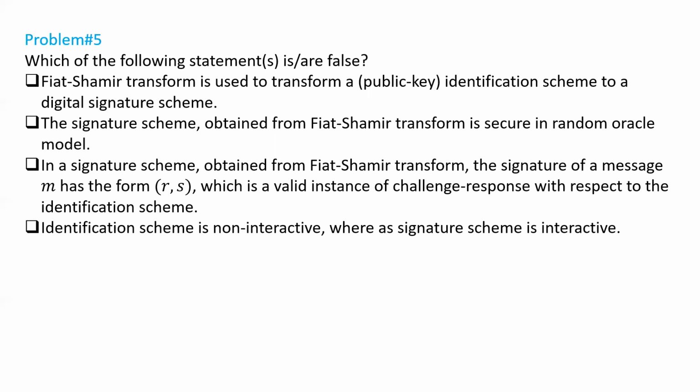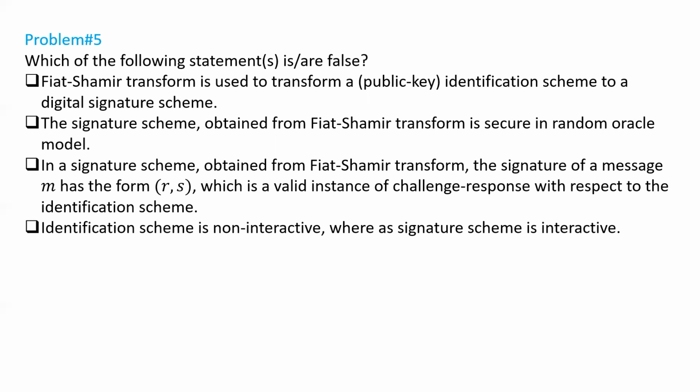Now, using this commitment I and the message that it has to sign, it applies some hash function h to it. So h of I comma M is computed, and we denote the output as the challenge R. So basically, in the case of a non-interactive digital signature scheme, the signer does not have access to some verifier kind of thing which was there in the identification scheme.